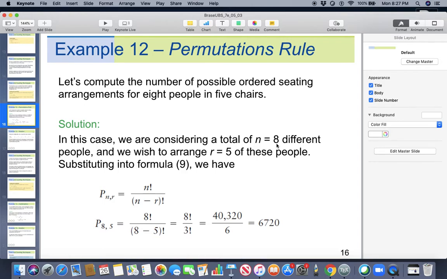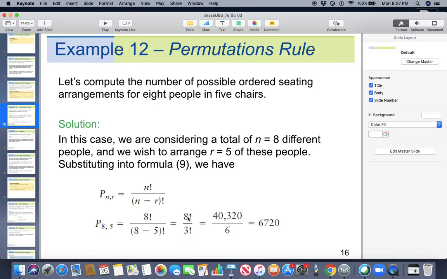So from a total of 8 different people, we wish to arrange 5 of these people. So instead of P(n,r), you now have P(8,5). Where you see n, you will plug in 8. Where you see r, you will plug in 5. 8 factorial over 8 minus 5, that is 3 factorial.